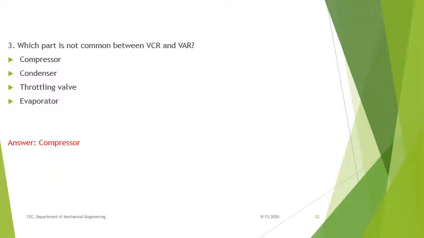The answer for this question is compressor. Compressor is used in the vapor compression refrigerator, and in the case of the vapor absorption refrigerator, a pump is used. Compressor is used only in VCR.